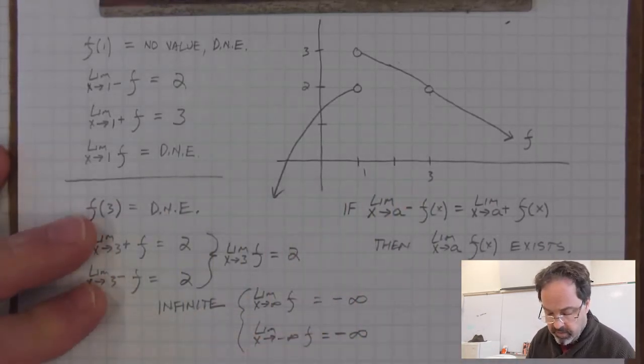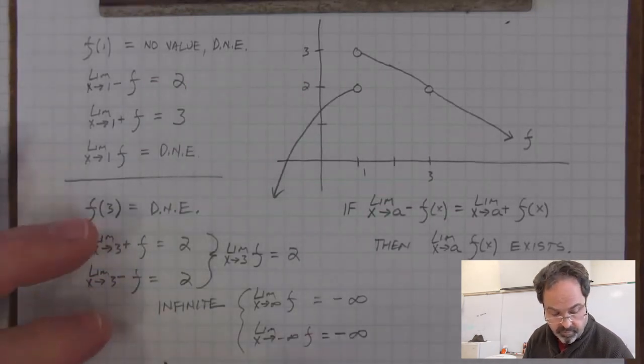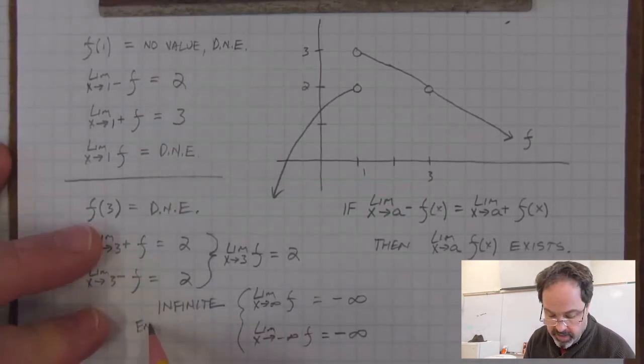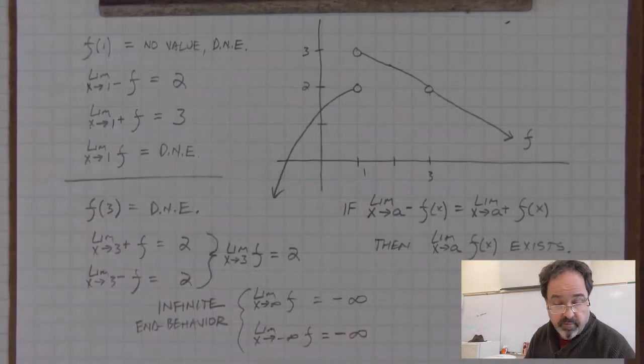And when we analyze the infinite limits in those two directions, we're talking about the end behavior of the function. If you are asked to comment on the end behavior of a function, you would be looking to the infinite limits, to positive infinity and negative infinity.